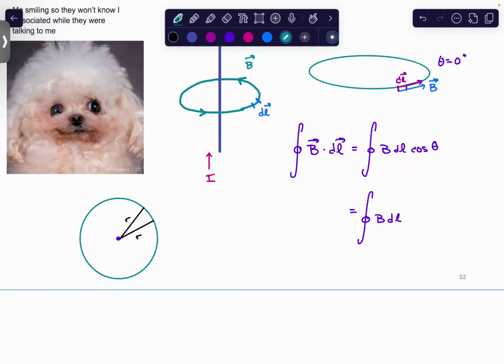Here along this arc, that's your dL. So if that's a differential, what do I have here in the center? The radius is going to stay what it is. So we have to figure out what L becomes.